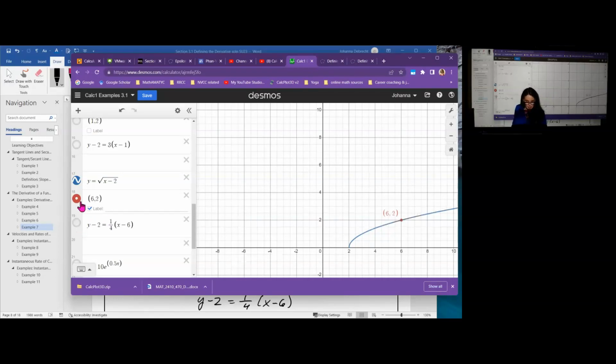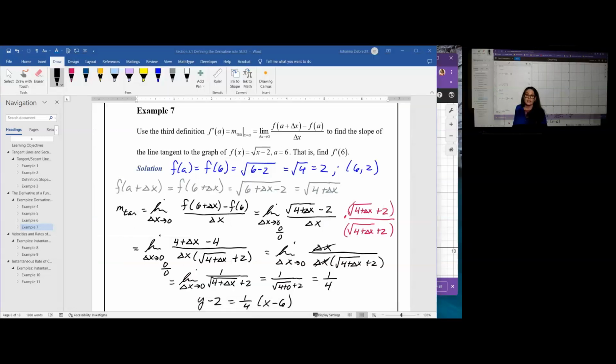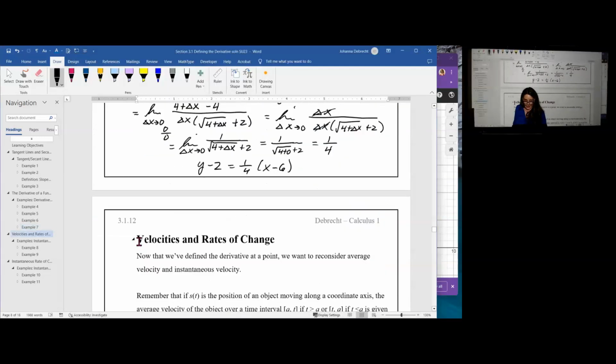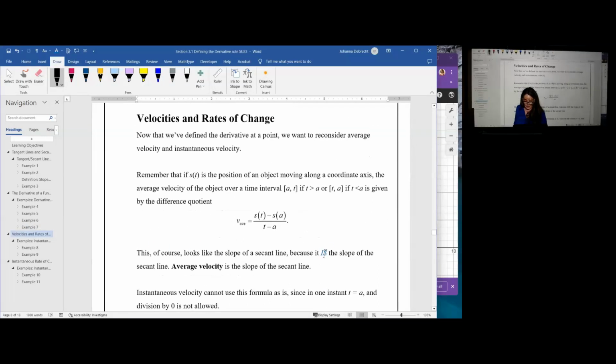We now want to take another look at velocity, and we want to think about the instantaneous velocity and the average velocity. Average velocity, we've already discussed several times, as the slope of a secant line.